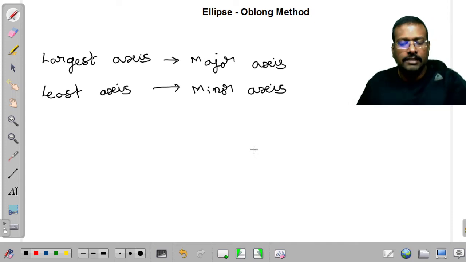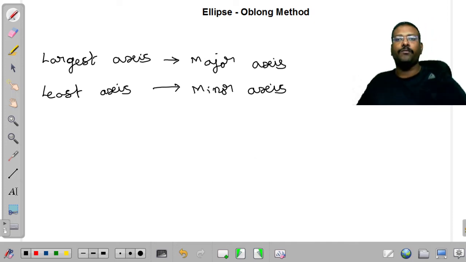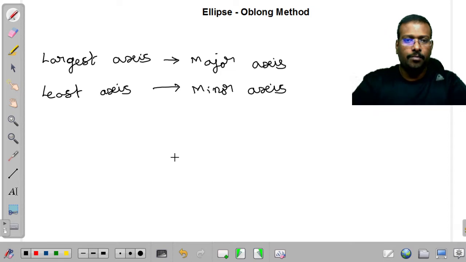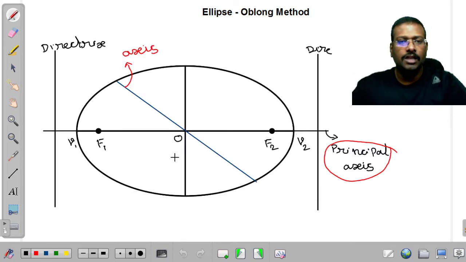I hope you got the idea why they are called major and minor axes, because among the axes, the one which is largest in length is called the major axis, and the one having the least length is called the minor axis.